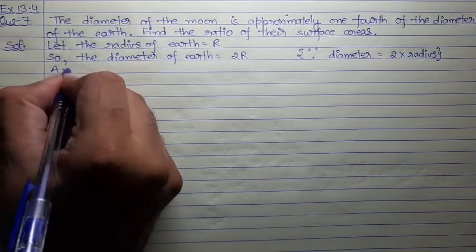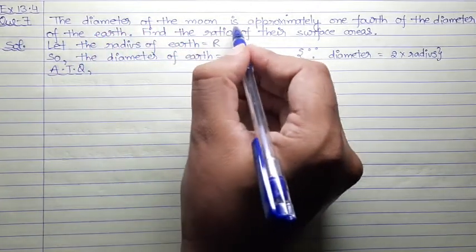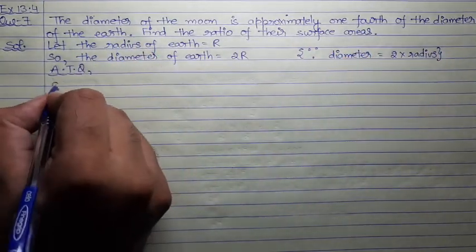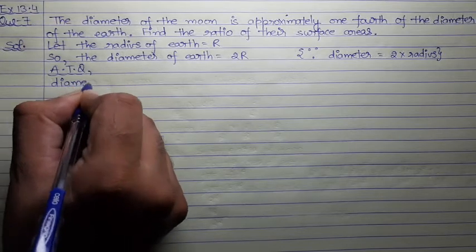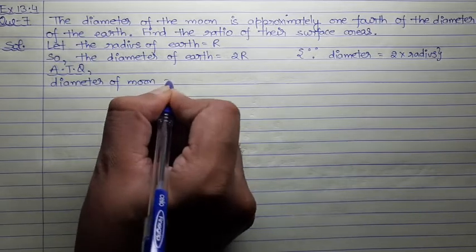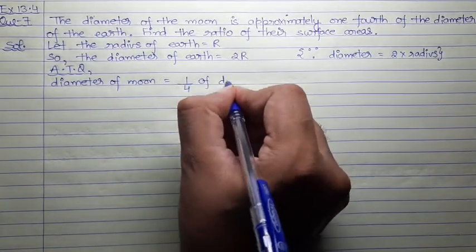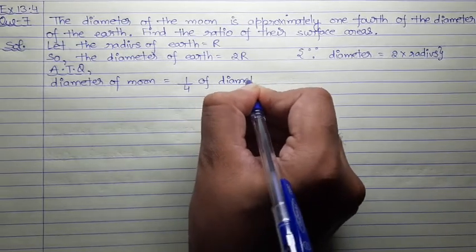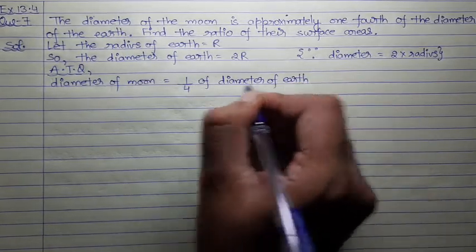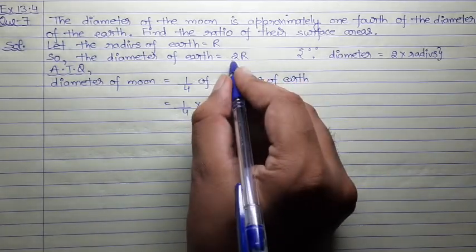According to the question, diameter of moon is approximately 1/4 of the diameter of the earth. So here we can write diameter of moon is equal to 1/4 of diameter of earth, which is equal to 1/4 multiply diameter of earth is 2 multiply r.